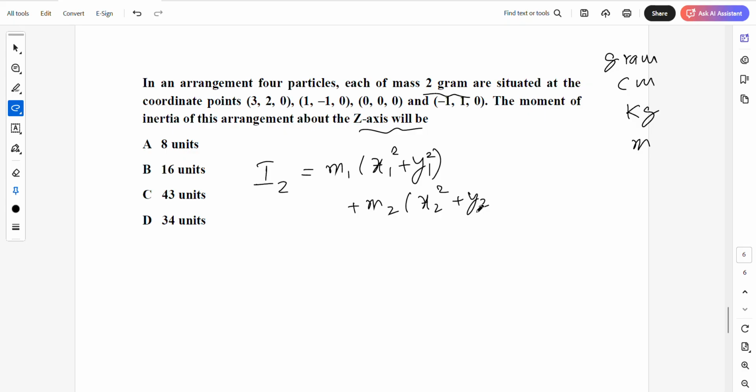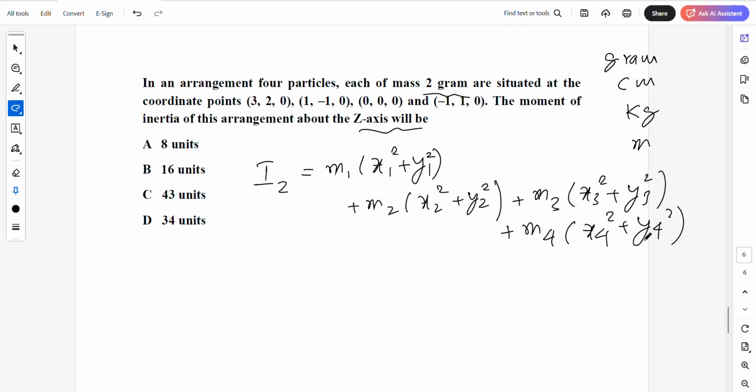Hope you understood this one. Plus m3, how many masses? 4 masses are there, each of mass 2 gram. m3 into x3 the whole square plus y3 the whole square plus m4 x4 the whole square plus y4 the whole square.